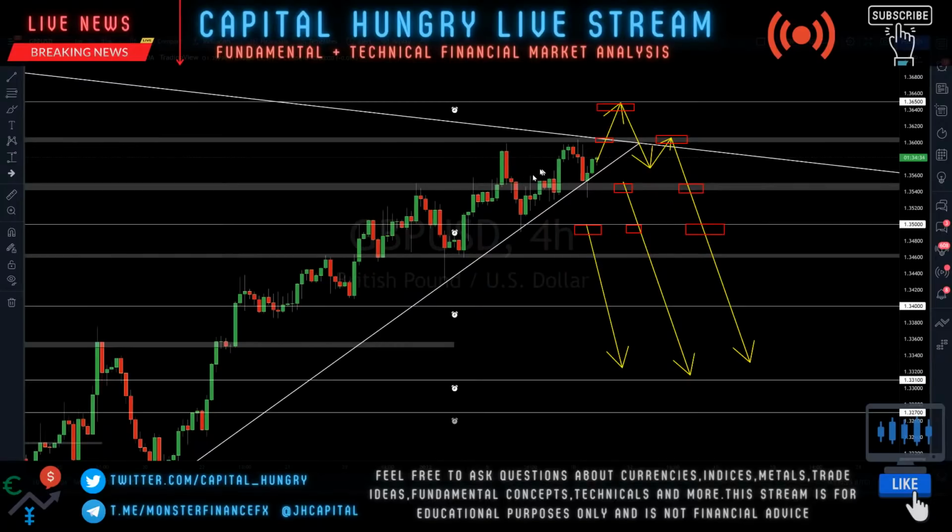I would only shift out of this bias if we had breaks and retests above 1.365, which we do not. US dollar still holding some of that strength as well.